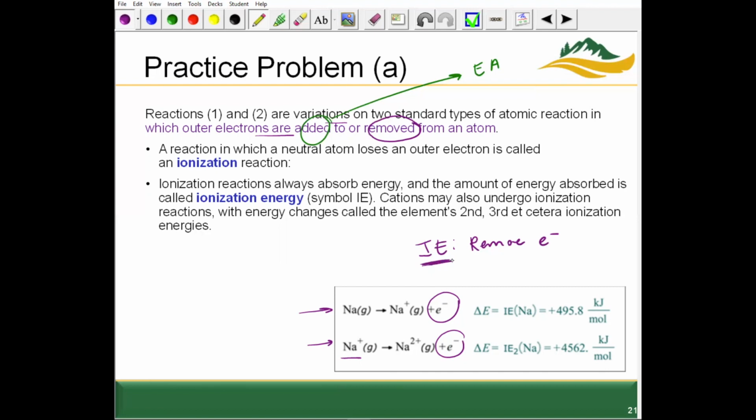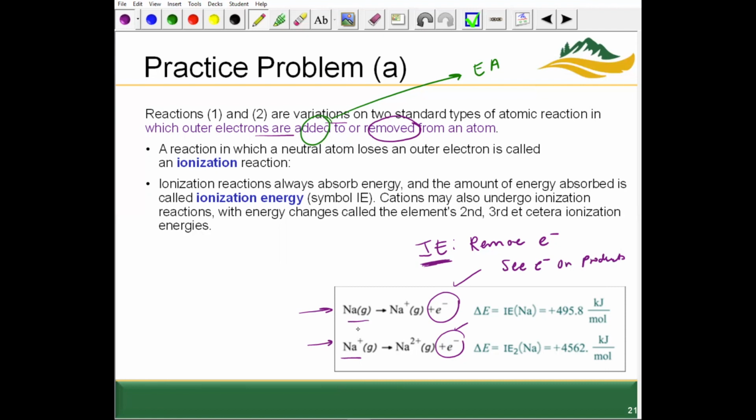So in these two reactions, we're definitely looking at their ionization energies because we're removing an electron and removing another electron. We can tell that because we see the electron on the product side of this reaction.